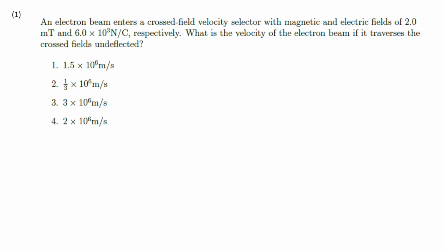So here, what the question is asking: an electron beam enters a cross field velocity selector. So what is this cross field velocity selector? This cross field velocity selector with magnetic and electric fields has been given.